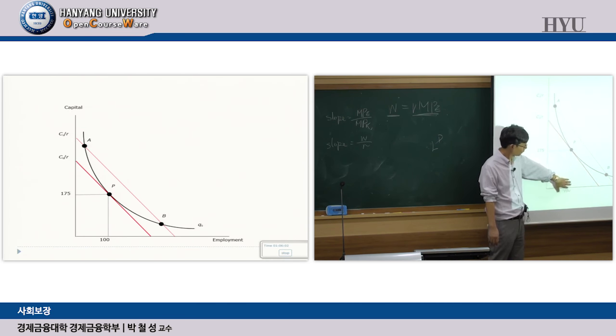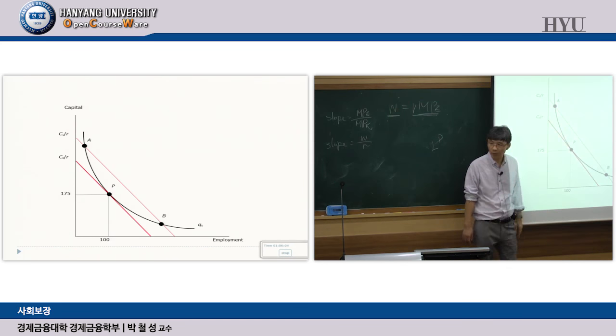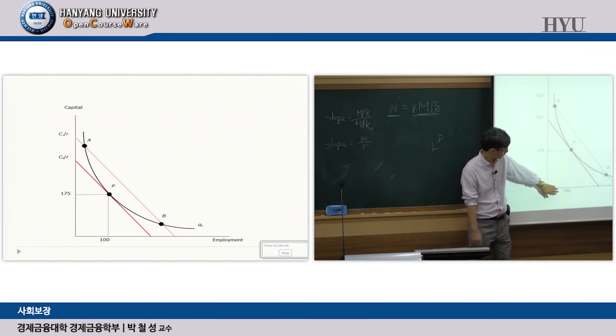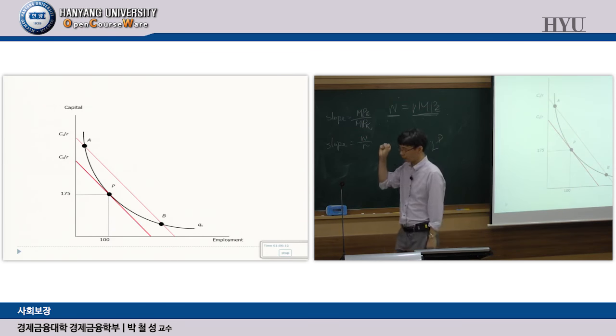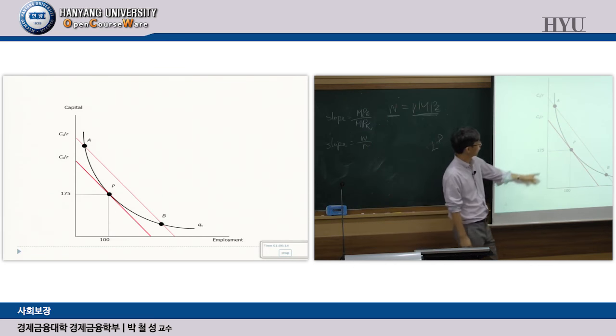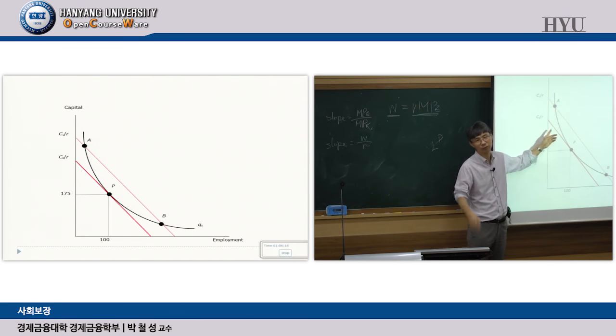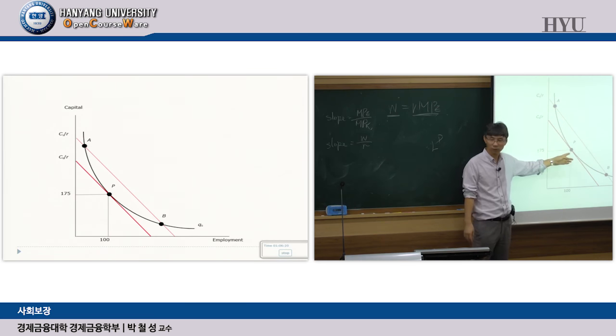So this labor demand will depend on, in this case, two things, given you have the isoquant curve.